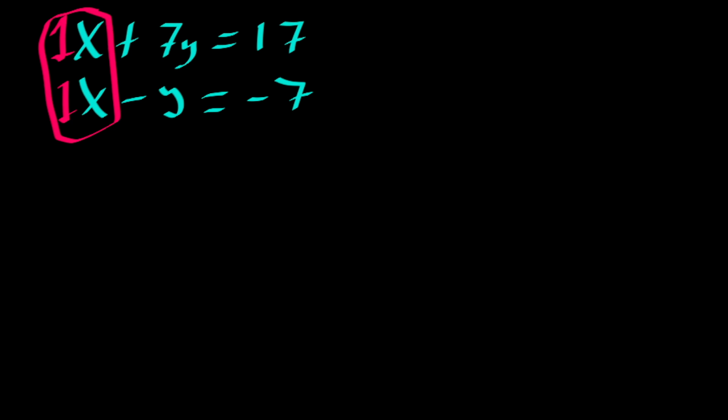Now, here's what I would do if I were you as a step to make sure you get your signs correct. Notice that these two signs are the same. So if I were to add these two, it would give me 2x, so they would not cancel. Now, if I were to subtract these two things, it would cancel. However, here's what you really have to do.